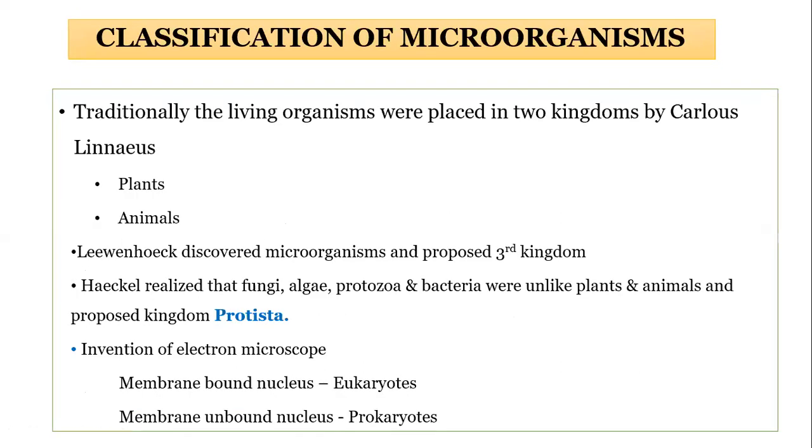Traditionally, the living organisms were placed into two groups by Carolus Linnaeus: plants and animals. After the invention of the microscope by Anton van Leeuwenhoek and the discovery of microorganisms, the third kingdom was proposed. Haeckel realized that fungi, algae, protozoa, and bacteria were unlike plants and animals, and he proposed the third kingdom, Protista, to incorporate all the organisms which don't fall under plants and animals.